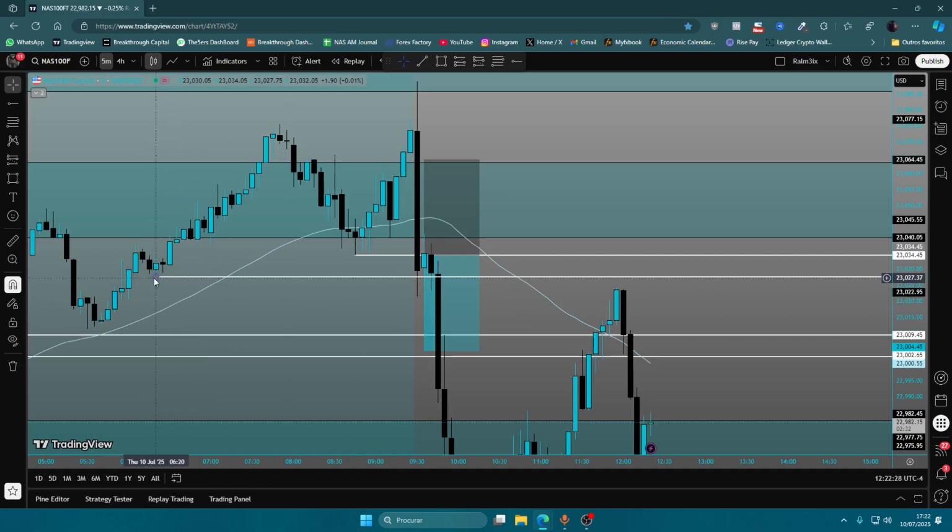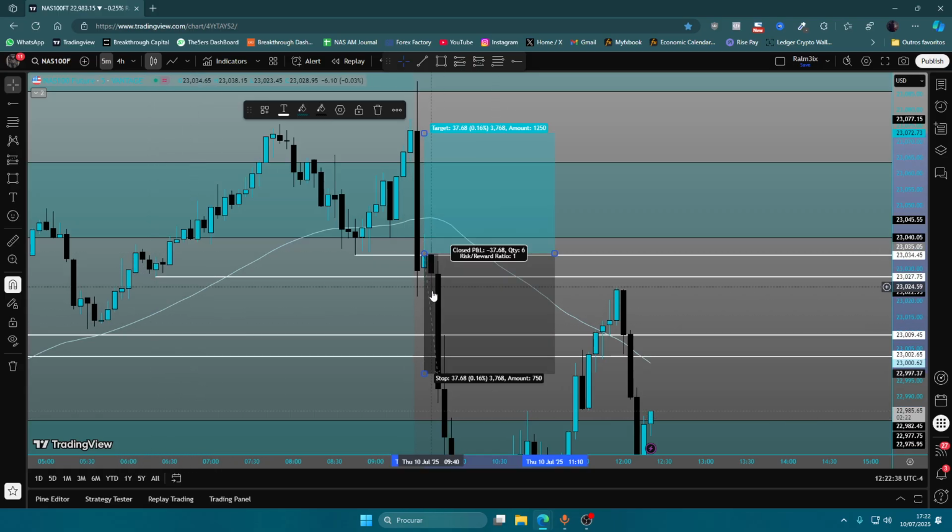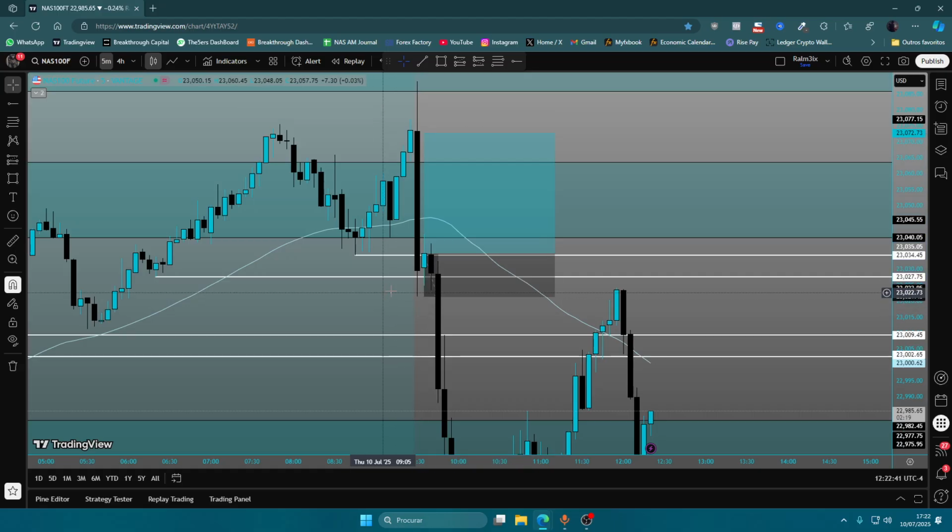This is a liquidity swing low, and what guys do is, for example, price swept this one, and they enter here with a stop loss below, expecting price to reverse. I don't like to trade reversals, so I prefer to trade the continuation.